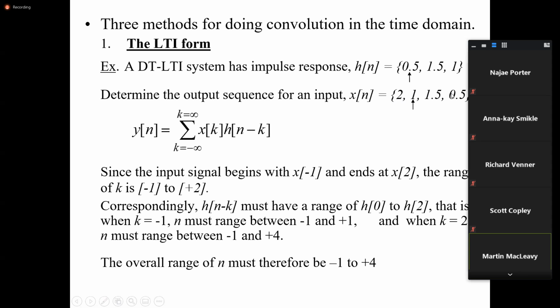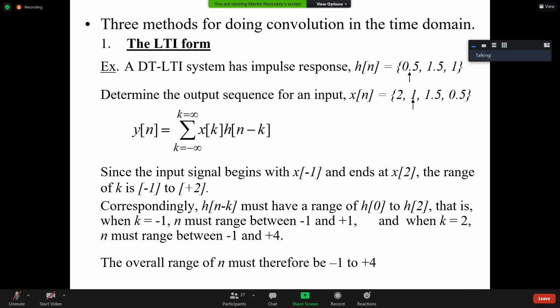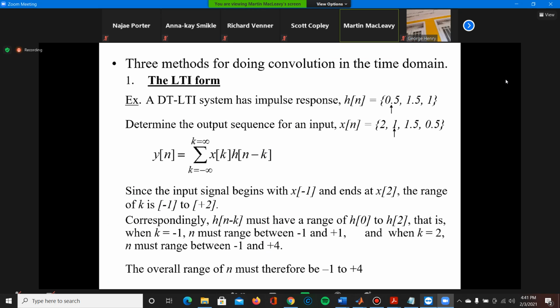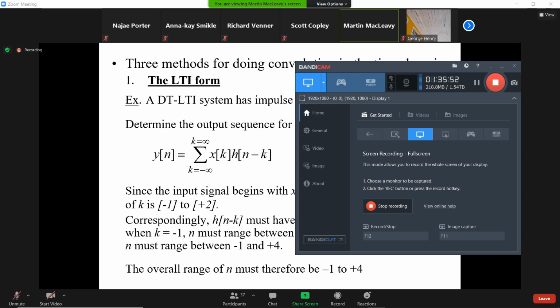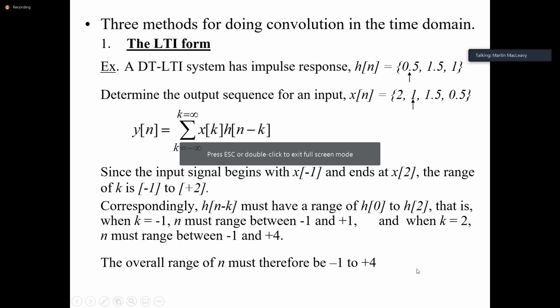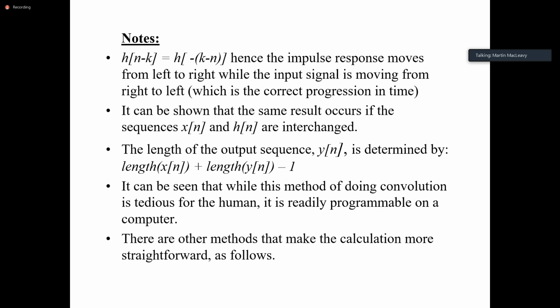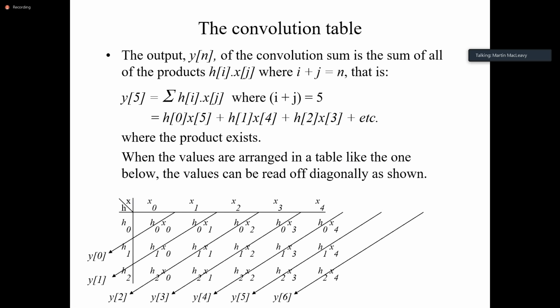I think we have 5 values of x. So x is 2, 1, 1.5, 0.5. All right. So we don't have a set of values to plug into this. I will just explain it to you, and we can do it at another time.